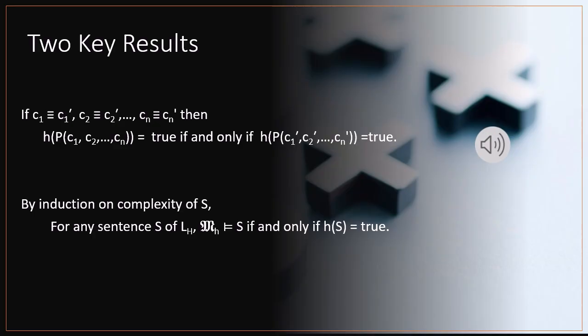And notice that at the atomic level, that's exactly the way that we constructed our structure. So we made sure that at the atomic level, this particular sentence was true. And then the inductive proof just goes by connective, showing that the statement remains true for any sentence S.